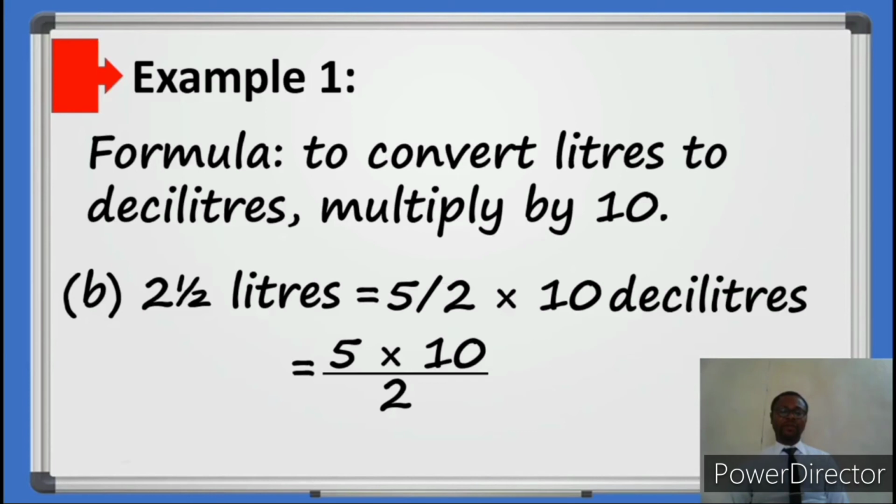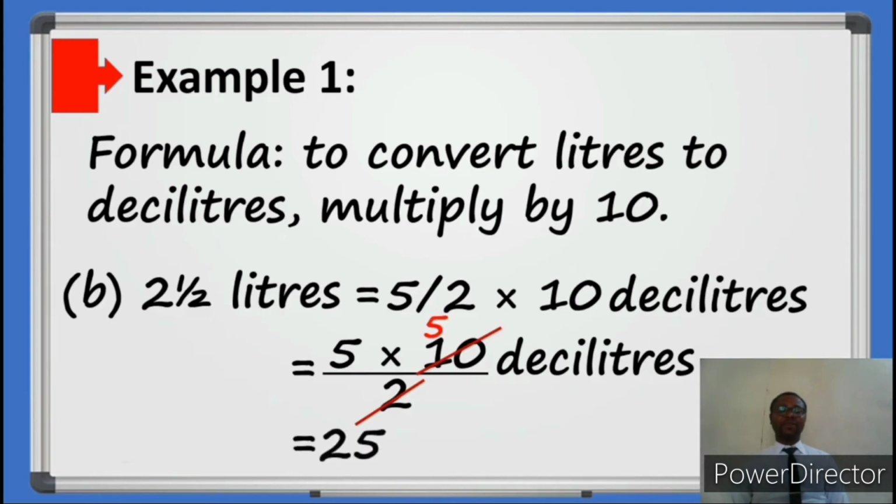So go ahead and divide the 10 by 2. And that will give us 5. And what is 5 times 5? 5 times 5 is equal to 25. So our answer is equal to 25 deciliters. Yes, so 2.5 liters is equal to 25 deciliters.